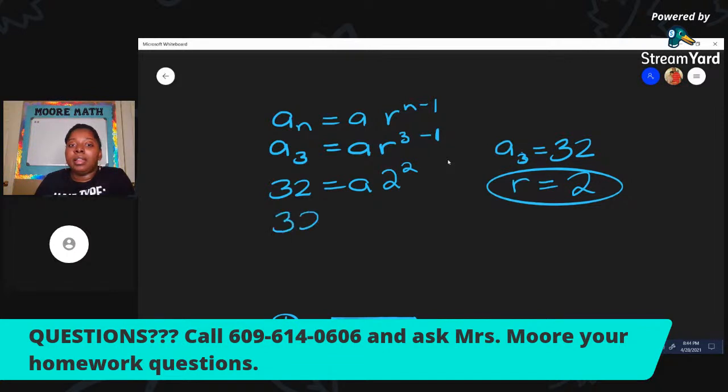And then 2 squared is 4. Okay, so this is for A1, right? How do we solve for A? You see it? So tell me what you get when you solve for A.